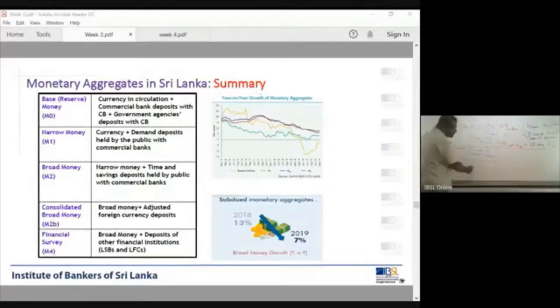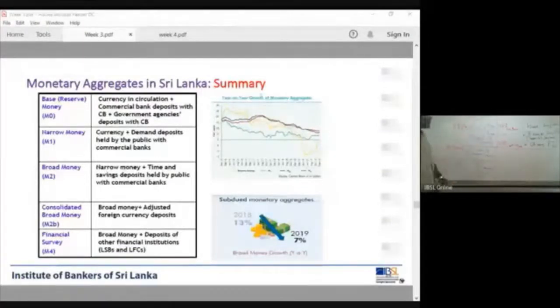So TSD is the time and savings deposits of commercial banks, both DBU and OBU, domestic banking units and offshore banking units. I'm only presenting three major aggregates here. In our slide there are more aggregates, but I'm only picking three because this is the exam focus. I hope the aggregates are clear.